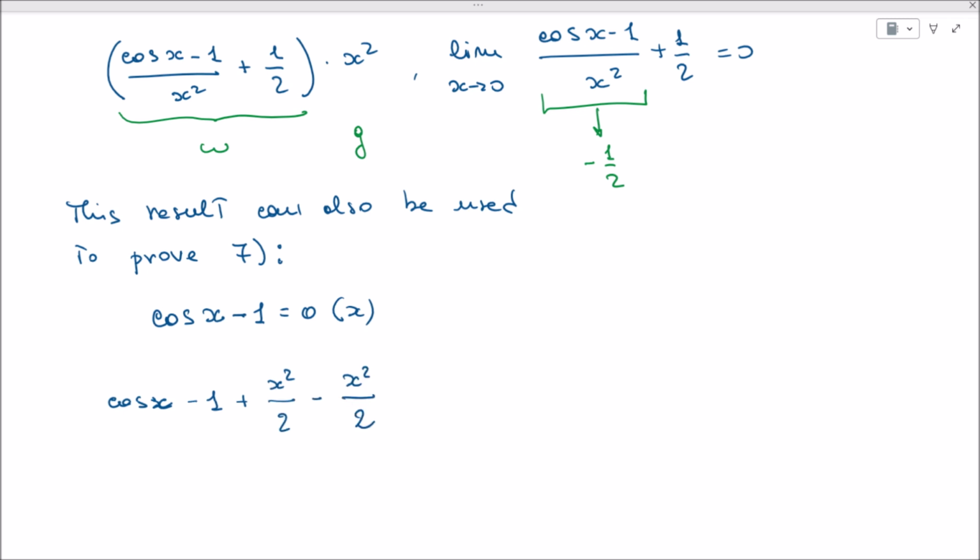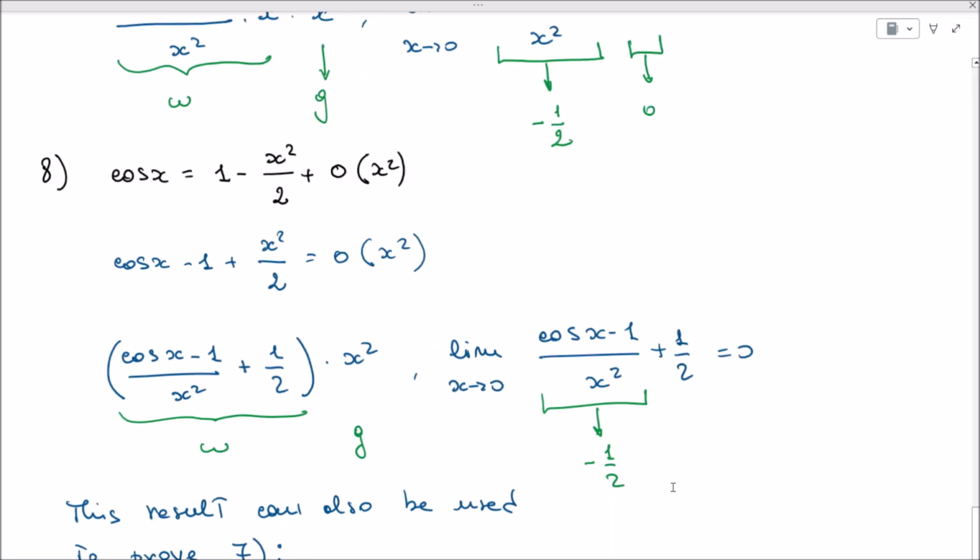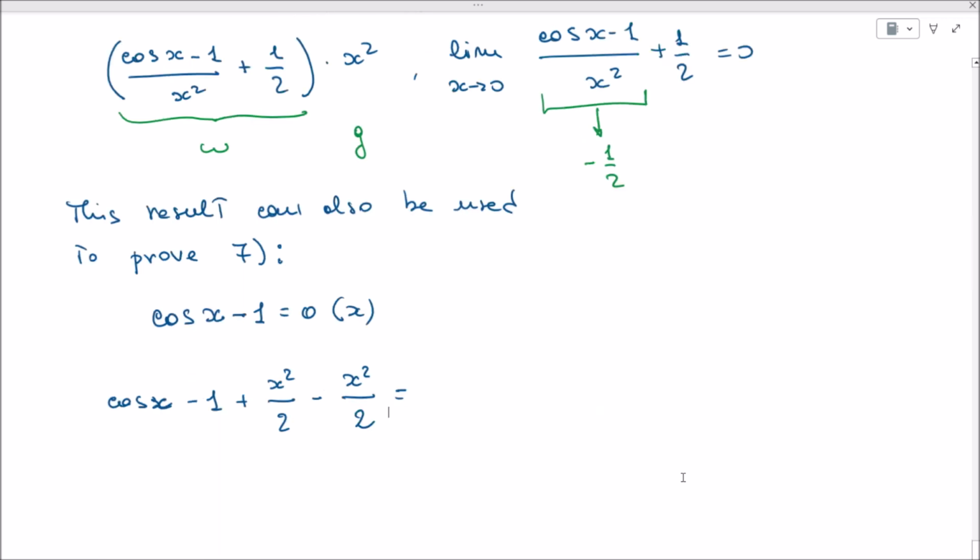So what we get now is basically that because of the expansion number 8, we can replace cosine of x minus 1 plus x squared divided by 2 with o of x squared minus x squared divided by 2, right?